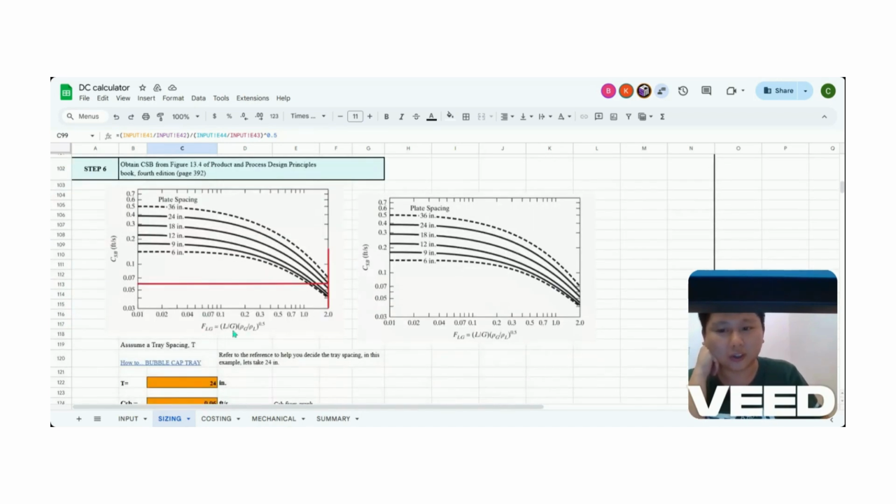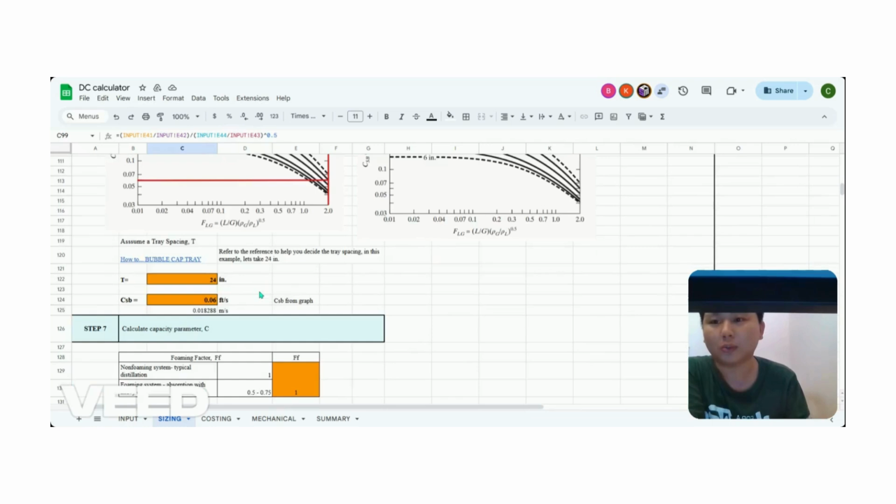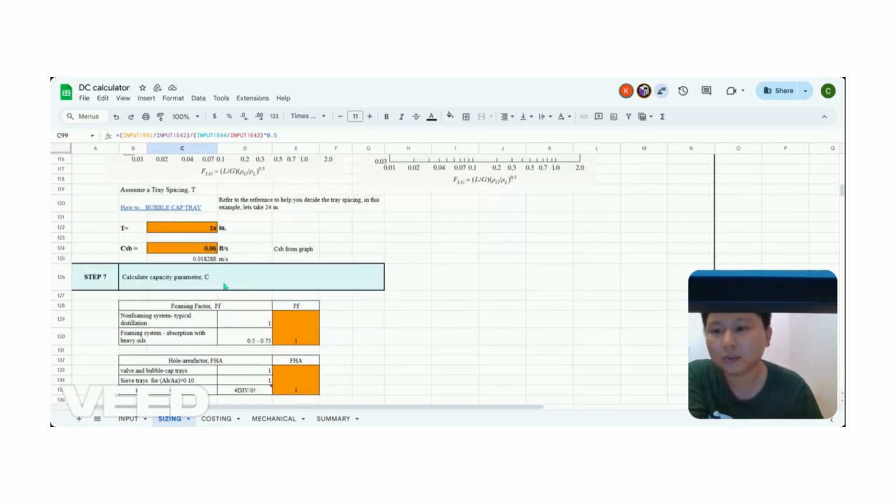But you can see here the FLG axis maximum is only 2, so we just plot here, then plot with the 24-inch plate spacing. Then by the graphical method, you get a CSB value of 0.06 feet per second. So depending on the unit provided or required by the question, we might need to do certain conversions. So just take note.